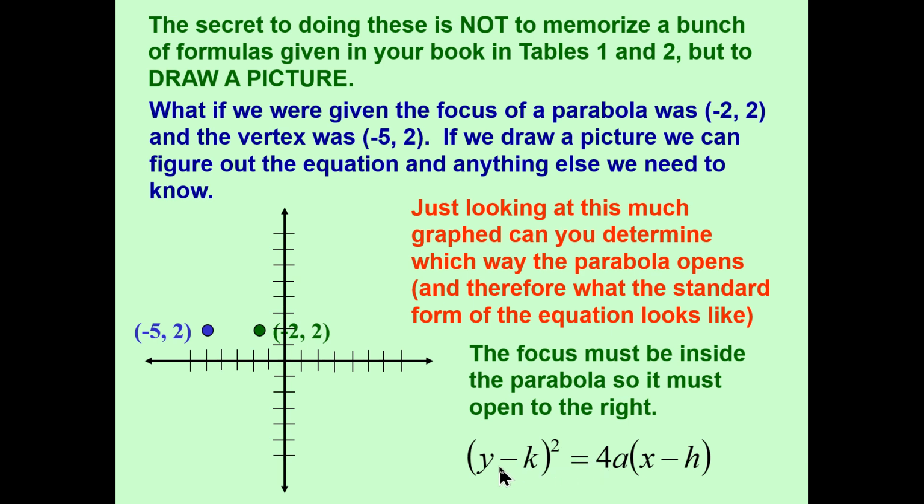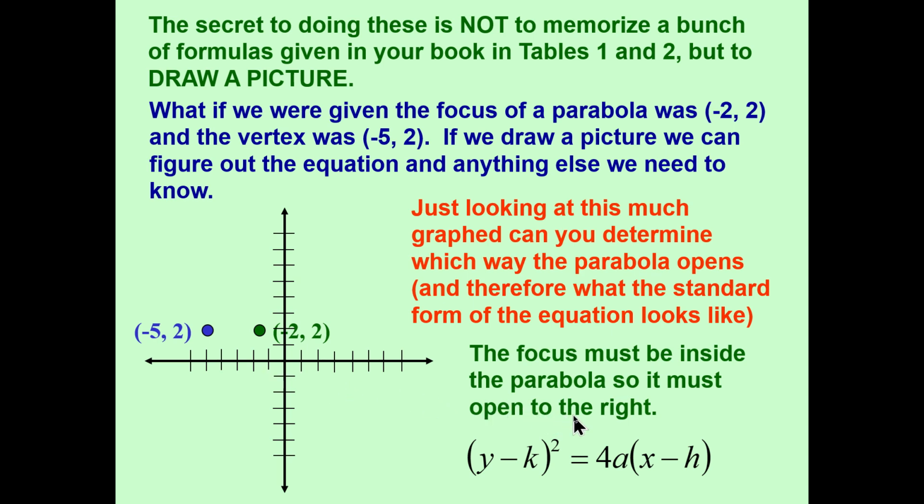So it's going to take this form here for the parabola. Now, the distance from the vertex to the focus is going to be our A, and we count 1, 2, 3.